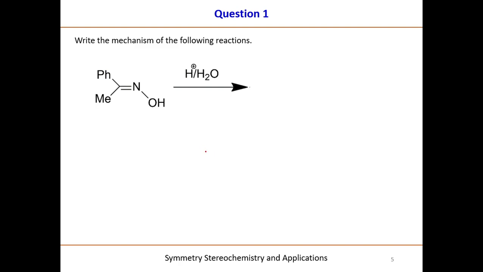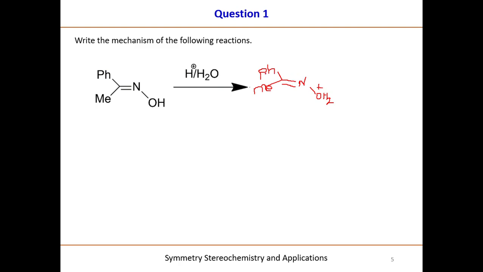So what will happen? I will write here. This OH group will get protonated to give the intermediate Ph, C double bond N. This is the oxime, and this will become OH2, with the plus charge on this oxygen atom.